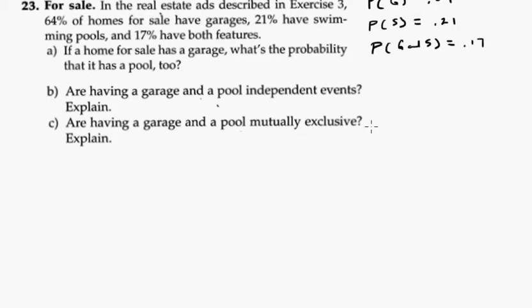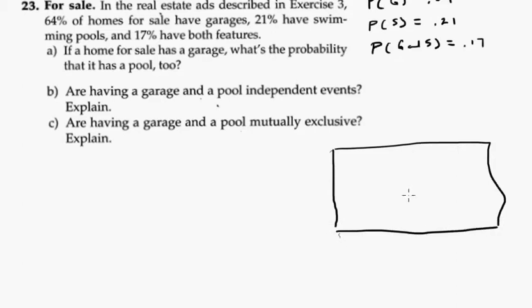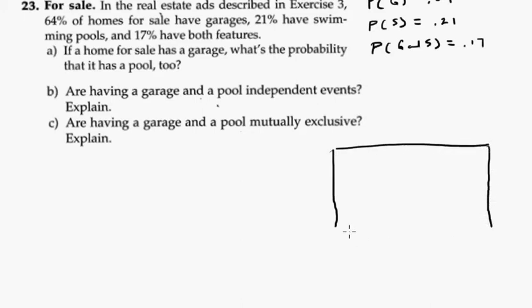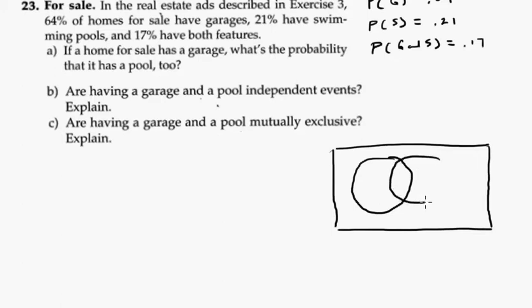So if we modeled this with a Venn diagram, sorry for the wobbly rectangle. It's clearly not proportional.